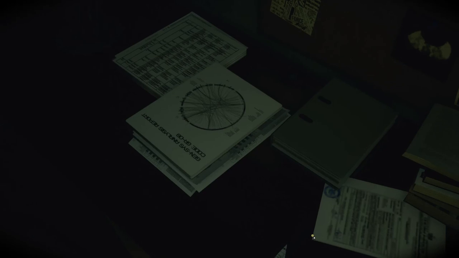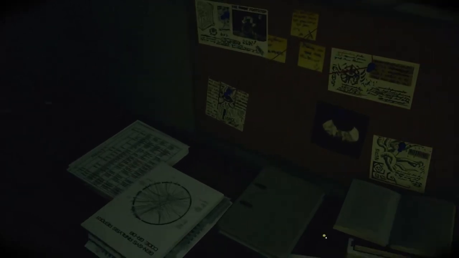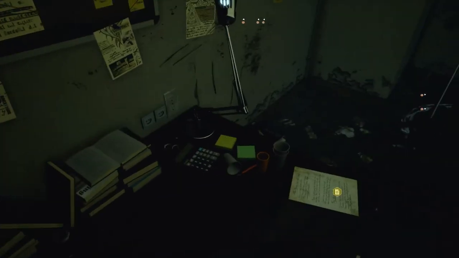Nothing. Genesis, analysis, report, code, R08. Okay, that isn't too enlightening. Some codes.